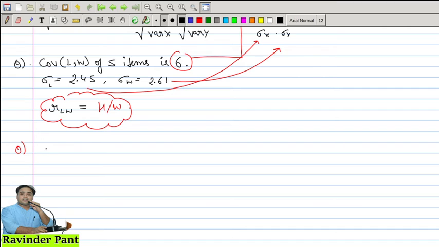So it says that n is equal to 10 and the covariance of these two is 7. Variance of x is 36.